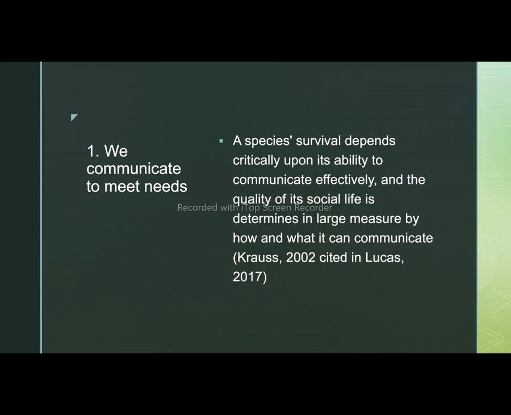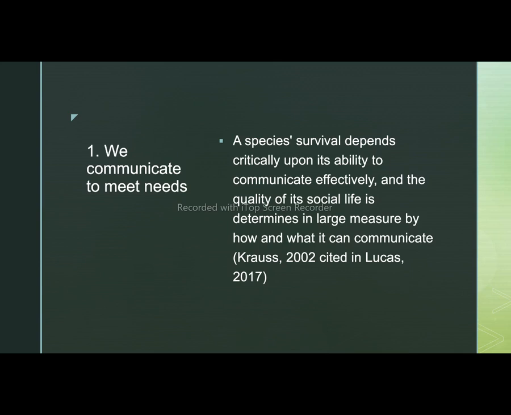For example, a lion trying to defend his kill, or a lion trying to defend his territory, or a dog barking at a person because he is intruding into that dog's territory, which is our houses.